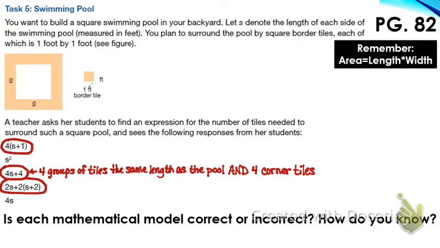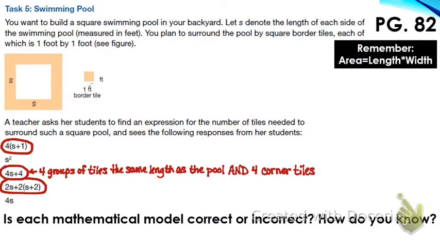But I want to talk about, in the context of the problem, what each of these things is representing. Let's look inside the parentheses, since order of operations says to start with parentheses. It says S plus 1. Which of these pieces would I need for S plus 1? One small tile and one big tile. Yes. 1 big tile, 1 small tile.